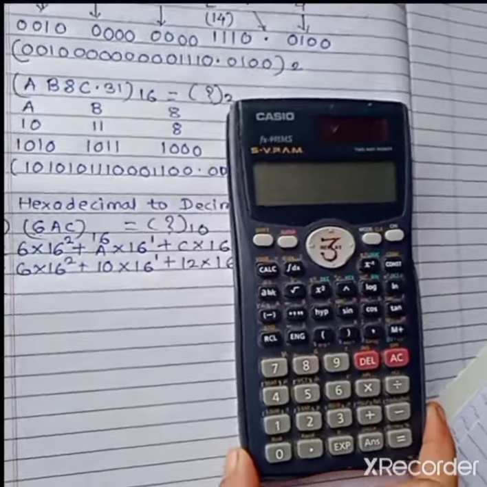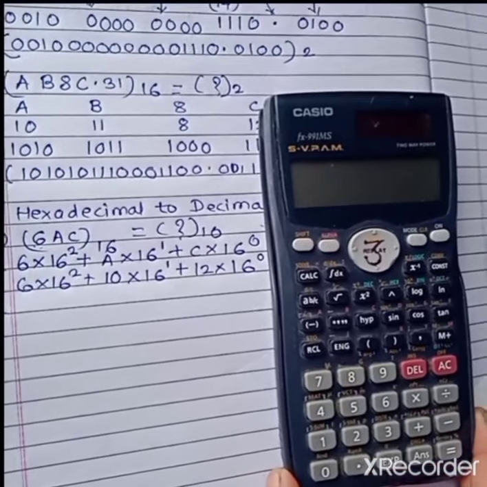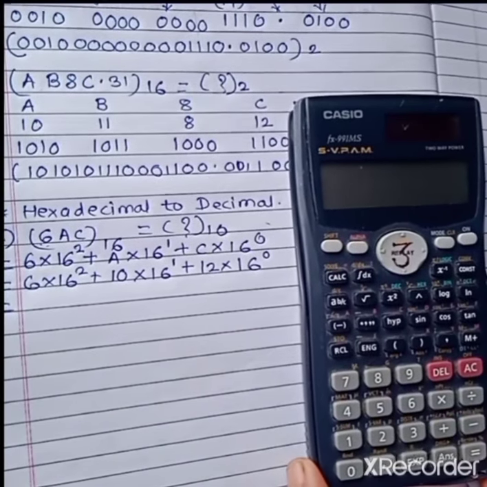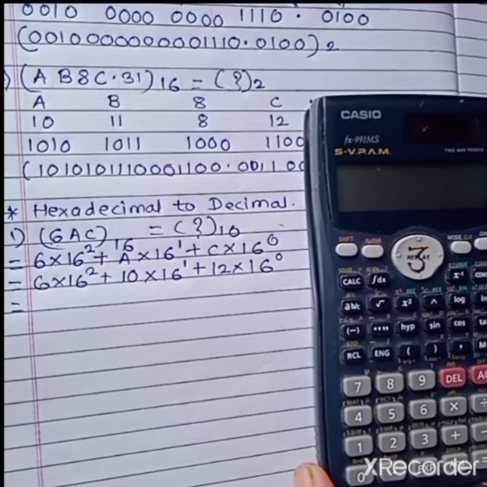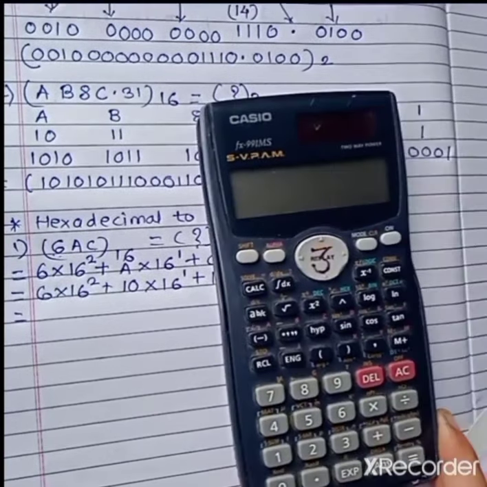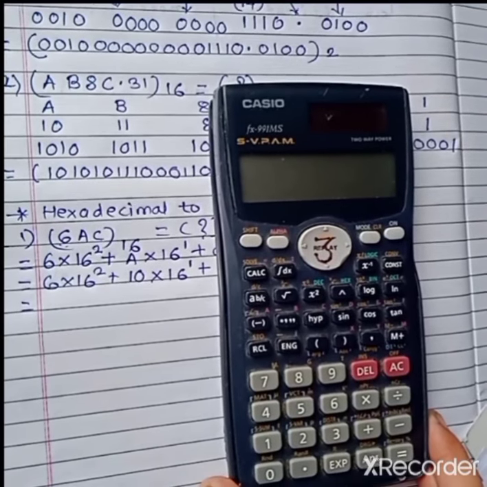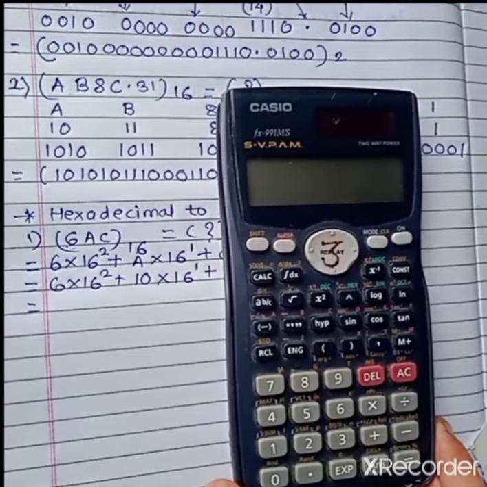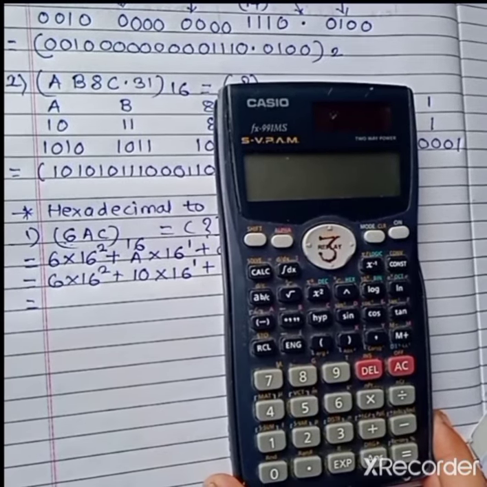Here I am using this scientific calci or engineering calci. Please purchase this calci for doing calculations. So we will find calculations easy with this calculator. This is a very old version of this calculator. In the market you will get a recent version of this calculator.